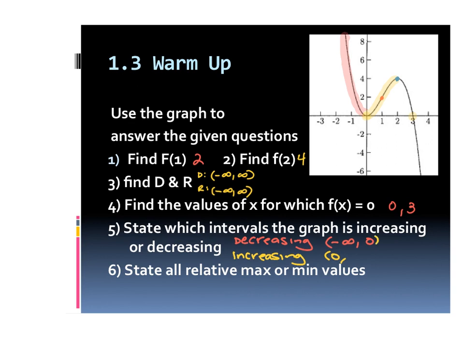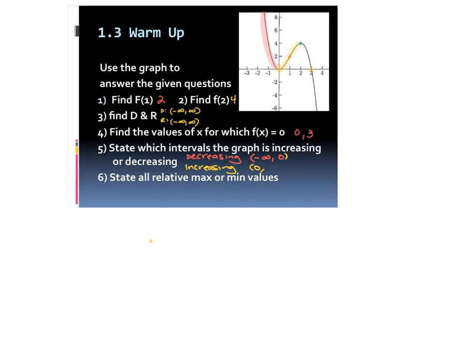Increasing and decreasing will get parentheses except for one exception, and that is if it starts or stops constant. So if your graph went like this, these 2 points are the only points that you're going to see with a bracket. Everything else gets a parentheses because a single point cannot be both increasing and decreasing.